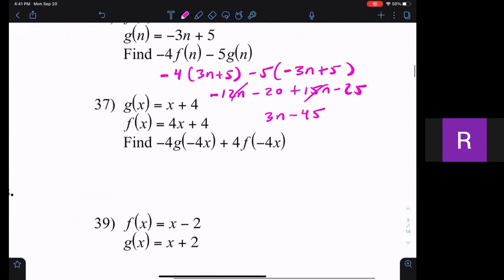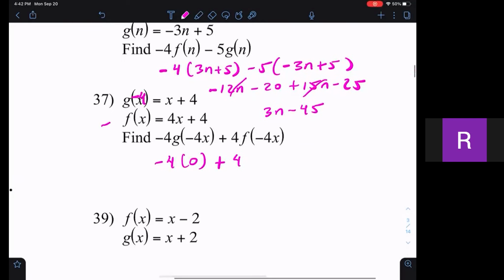Now this one is a mix, right? So this is negative 4 times g of negative 4x. You put negative 4x here. So this is negative 4x plus 4.